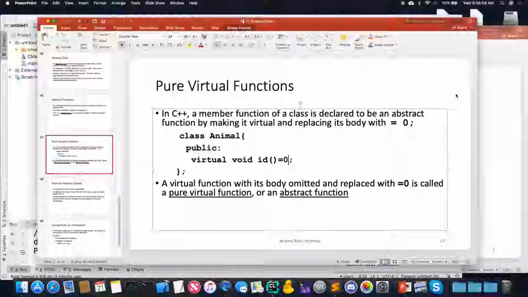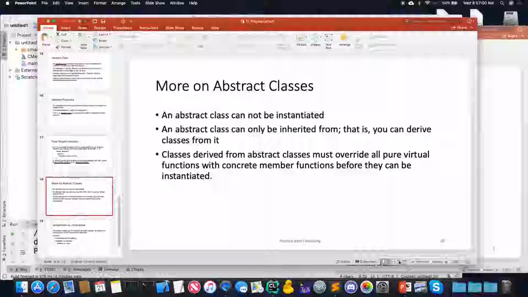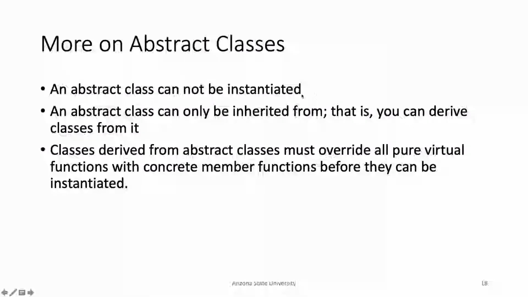Okay, so this is basically what I was just saying. It cannot be instantiated because we have a pure virtual function. It has no implementation. You can only inherit from it because you can't instantiate it. If you have a class that derives from one of these classes, like animal, then you must override all pure virtual functions if you want to instantiate it. Right?